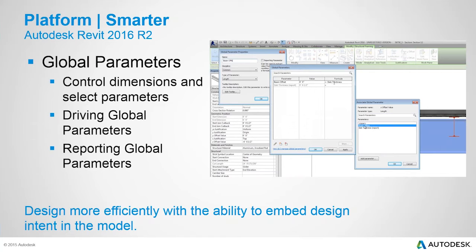So now you can design more efficiently with the ability to embed design intent in the model by bringing the parametric power of the families into the project environment. That's going to be quite powerful, and it's going to make your whole design process much faster when displaying views, because things are going to update automatically if you've added a suitable set of global parameters.